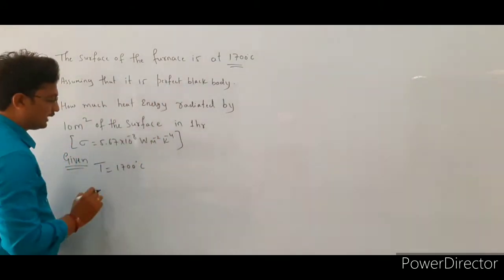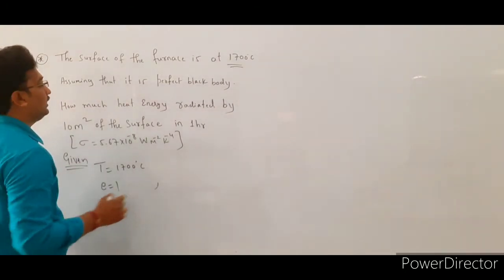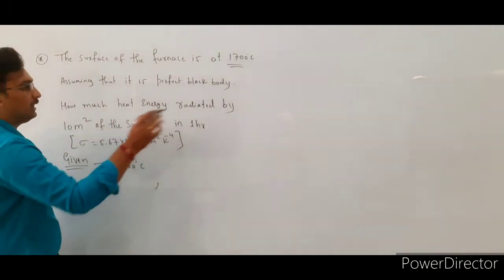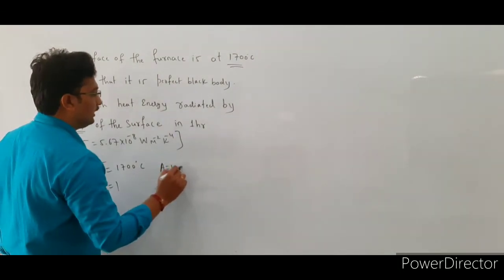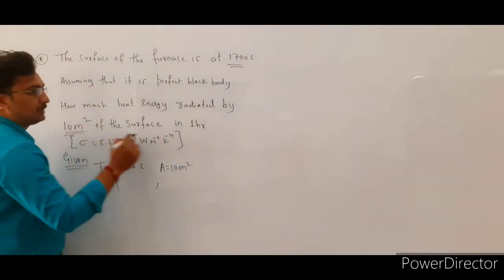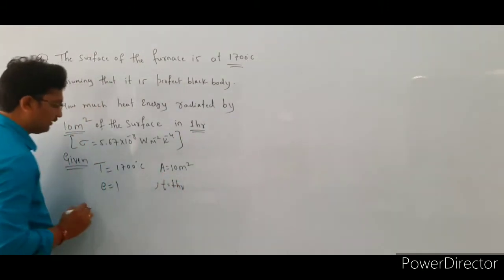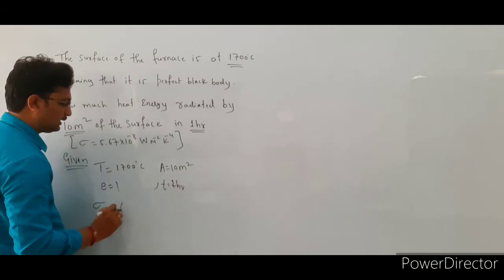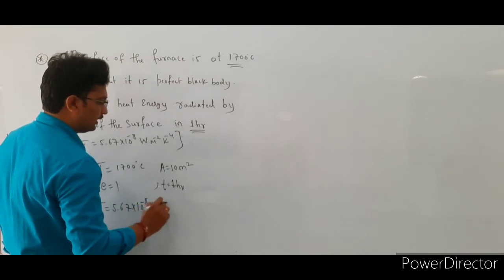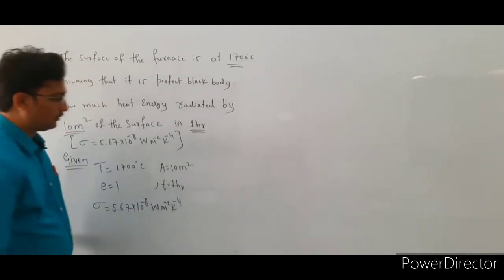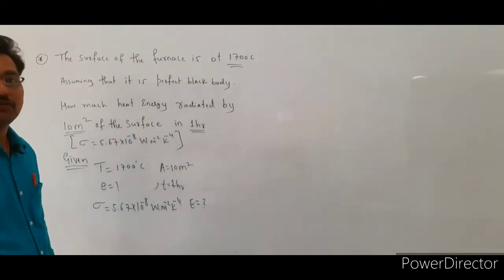Assuming a perfect black body, the emissive power E value is 1. The area A is equal to 10 meters square, the time is 1 hour, and the sigma value is 5.67 into 10 to the power of minus 8 watt per meter square K to the power minus 4. Here the energy E is equal to question mark.